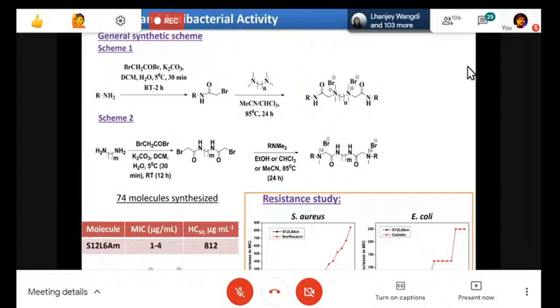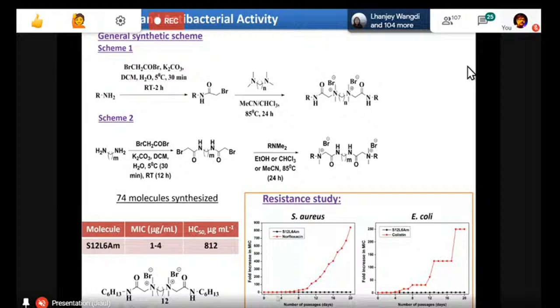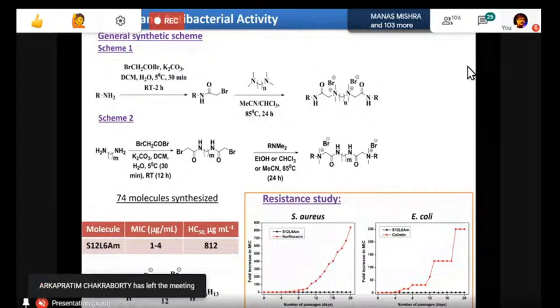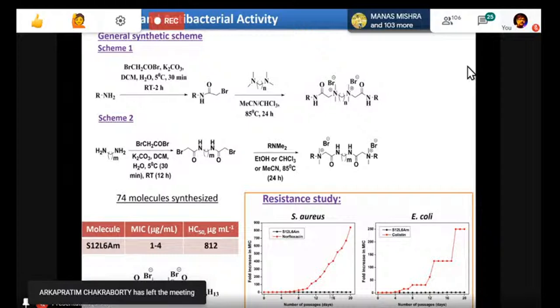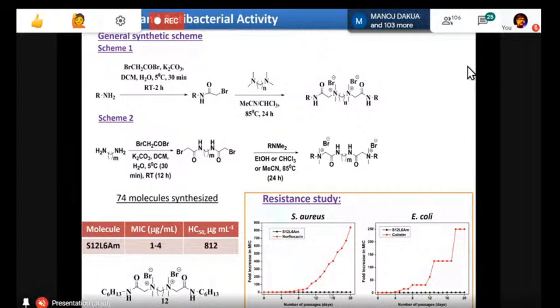But even after 20 passages of our compound, the bacteria were still not able to develop resistance. Possibly, because they target the bacterial cell membrane, it's almost impossible for the bacteria to have a drastic change in their cell membrane composition. That's what we believe is why the bacteria were unable to develop resistance against these antimicrobial agents.